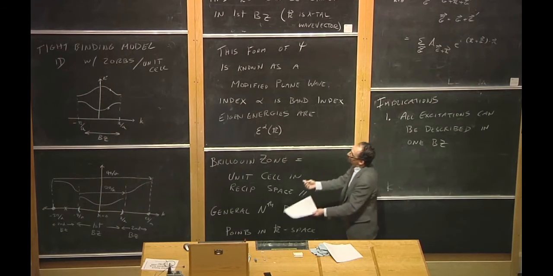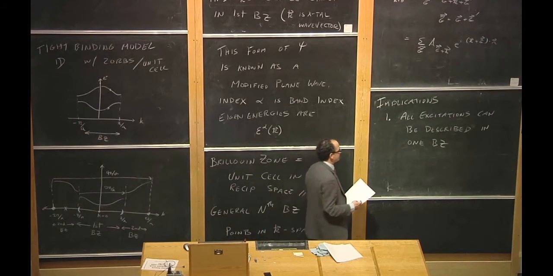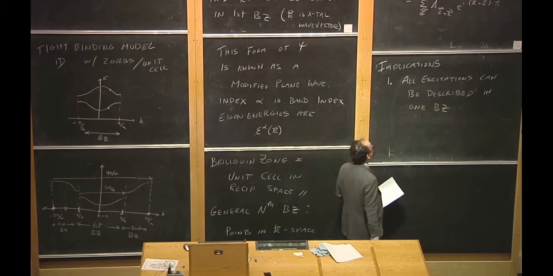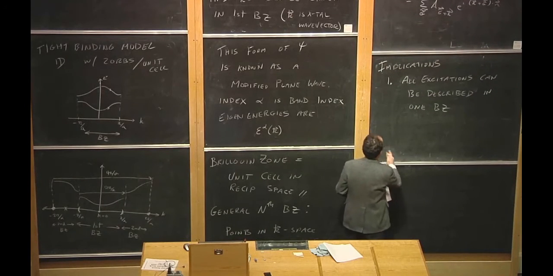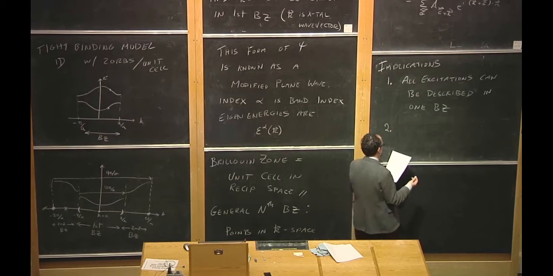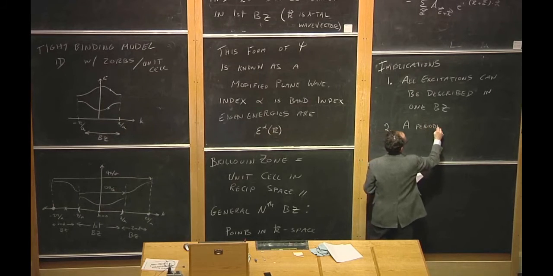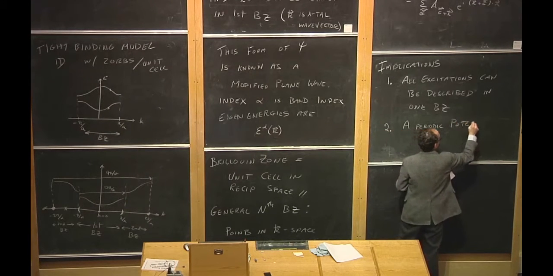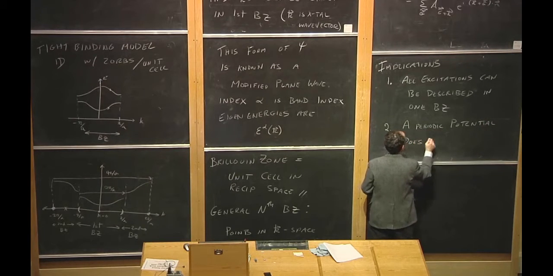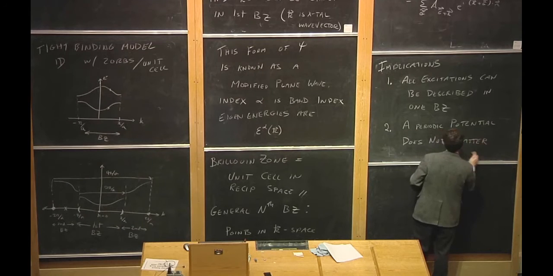Because whenever you go outside of the Brillouin zone, you can just shift by a reciprocal lattice vector to get back into that Brillouin zone. So that's an important statement. Second important statement, maybe more important, is that a periodic potential does not change, does not scatter crystal momentum.